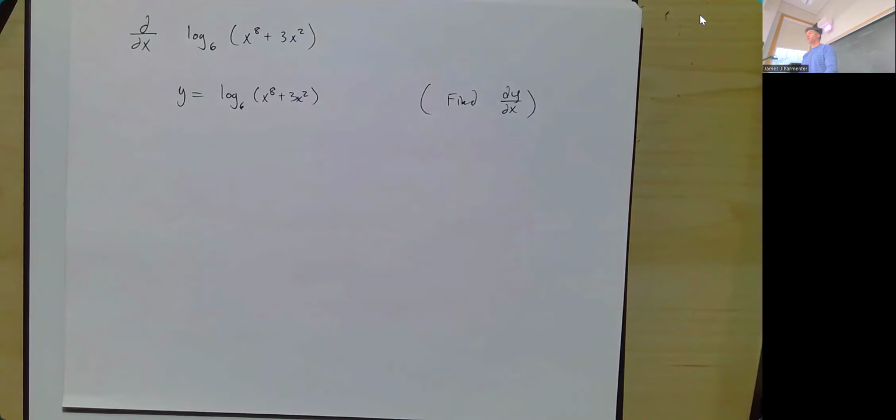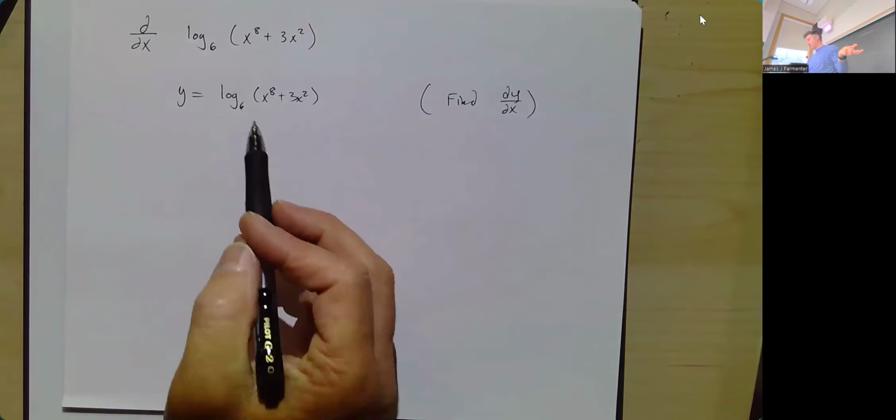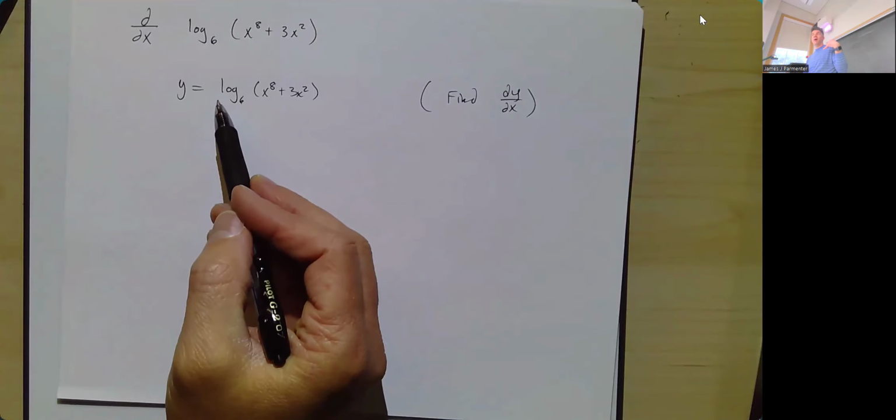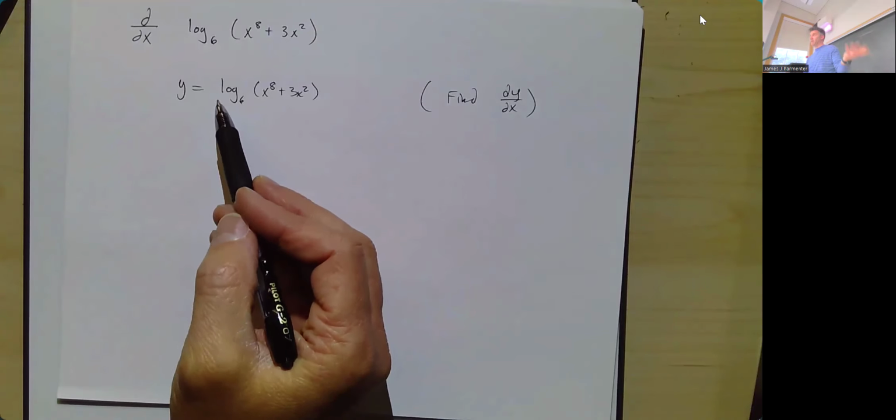Okay, let's rewrite this logarithmic equation as an exponential equation. Whenever I do that, I always ask myself, what is my base? Is it y, is it 6, or is it x to the 8th plus 3x squared? You guys know. How do I read this? I read this as log base 6.